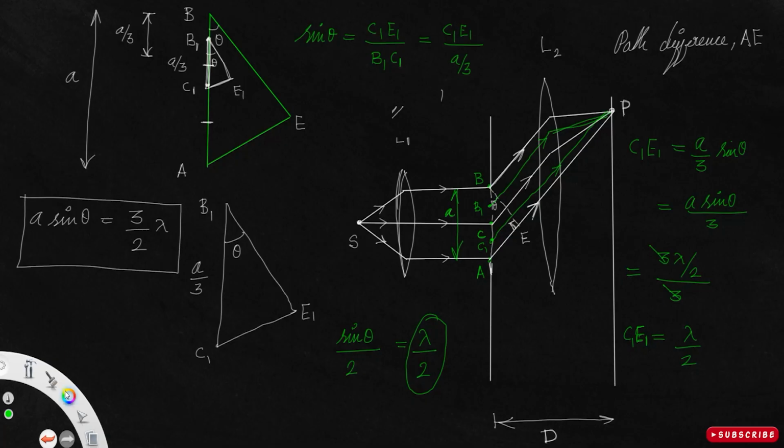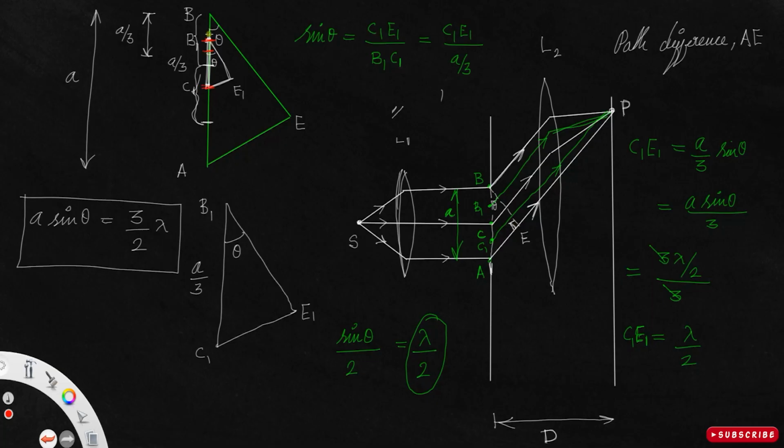And what does that actually mean? All the points from the first third of the slit will be cancelled by the points from the second third of the slit. That is, if I take a point B1 in here, it will be cancelled by a point C1.